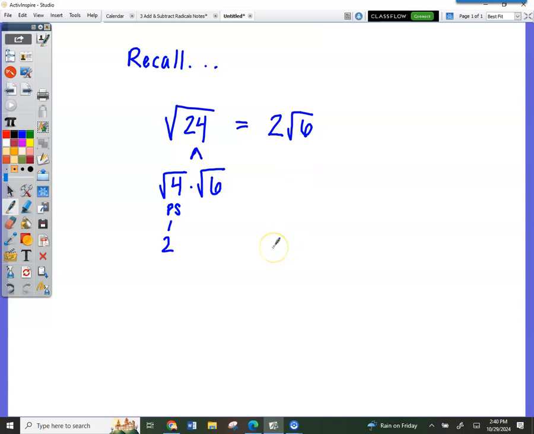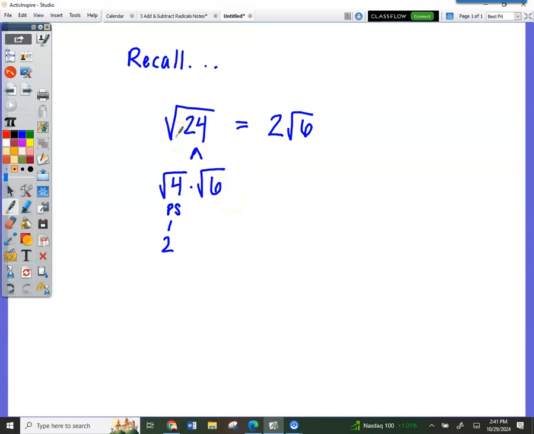Now type 2 root 6 in your calculator. You should notice it's the exact same decimal as square root 24. All right, that's breaking down a radical.